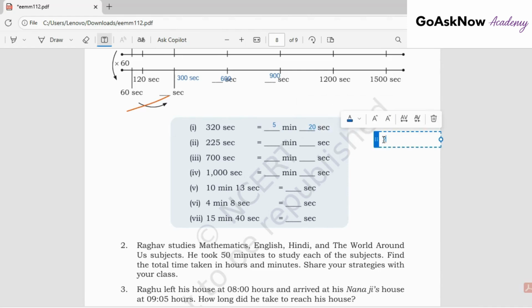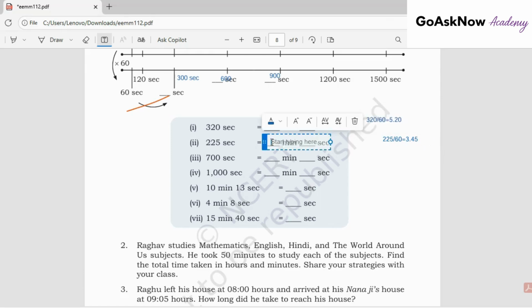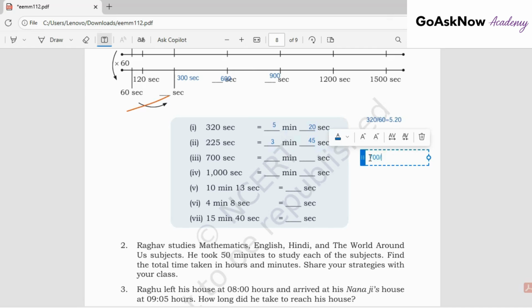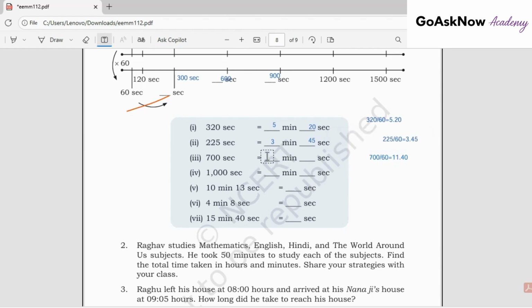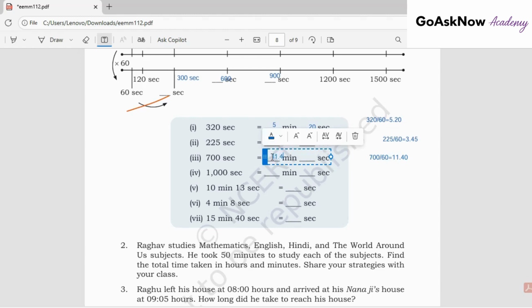Next, 225 divided by 60 is equal to 3.45, which is 3 minutes 45 seconds. 700 divided by 60 is equal to 11.40, which is 11 minutes 40 seconds.